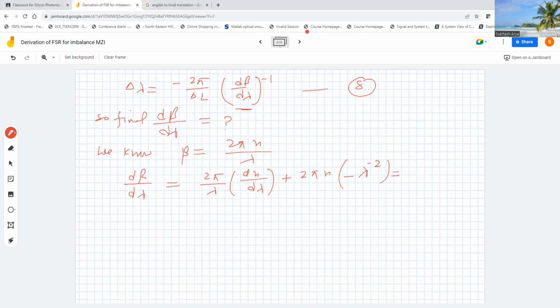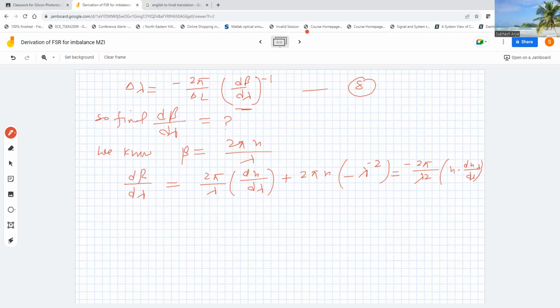In simplified form, we can write 2 pi by lambda square into n minus dn by d lambda into lambda.